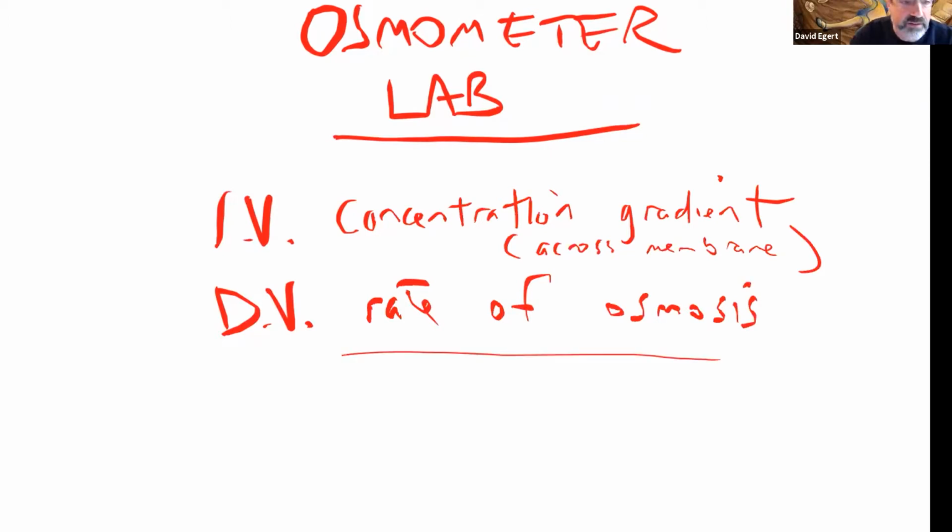We'll come back to this when we talk a little more about the discussion, because we're not actually measuring rate of osmosis. What are we actually measuring as our way to try to assess the rate of osmosis? Time, like the amount of time it takes?